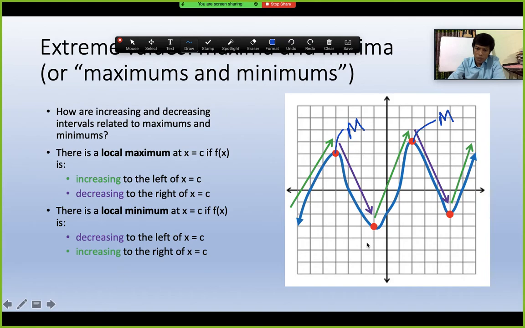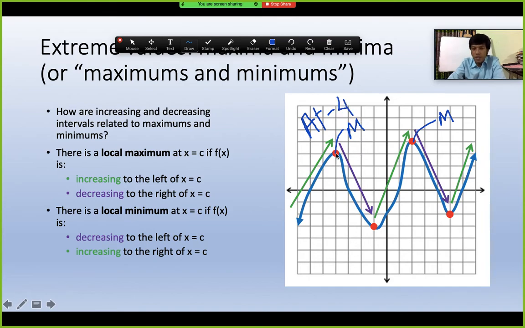And this point is a minimum, and this point is a minimum. But how will you write it? You have to say the x value, 1, 2, 3, 4, minus 4. You will always say the x value: this maximum is at minus 4.